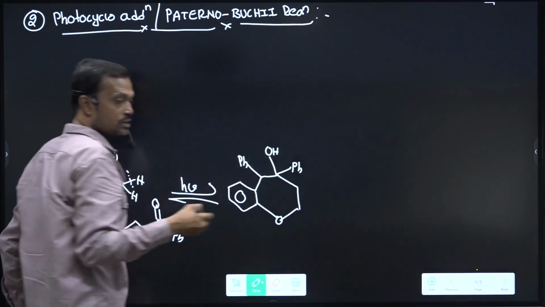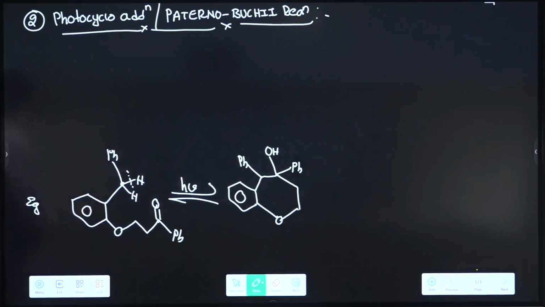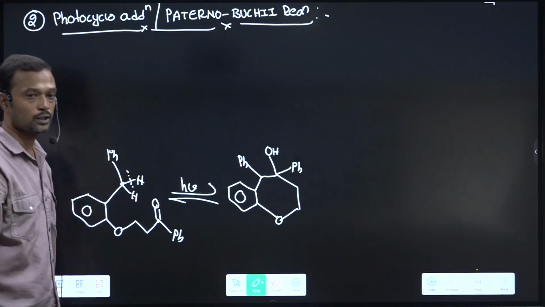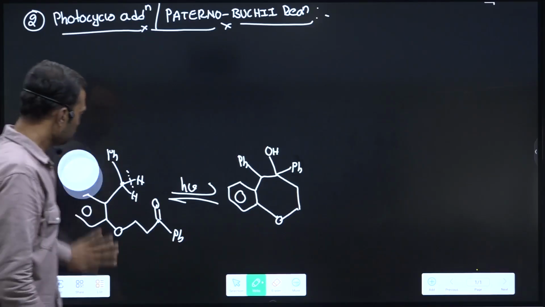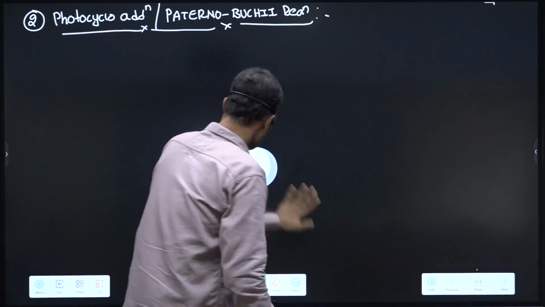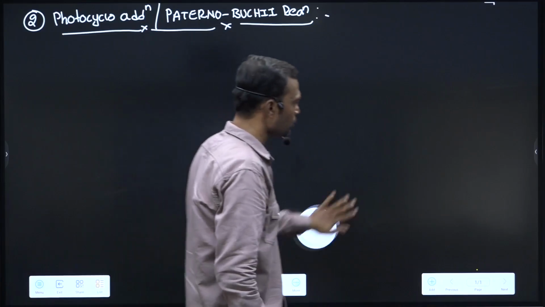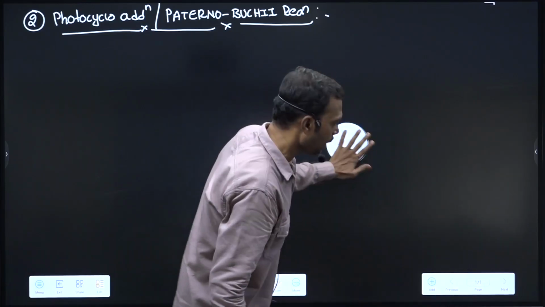I will casually say PB, I won't say it every time. Paterno-Büchi reaction, also called photocycloaddition. If you understand photoreduction clearly, you can understand the limitations of PB clearly. Be prepared, try to keep some selective concepts in your mind. Photoreduction, after that Paterno-Büchi reaction.